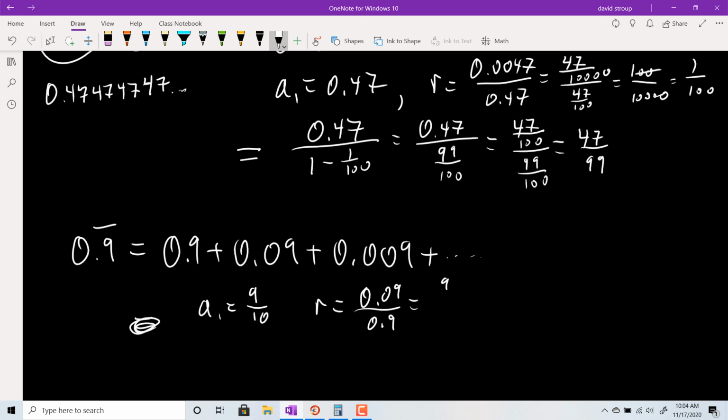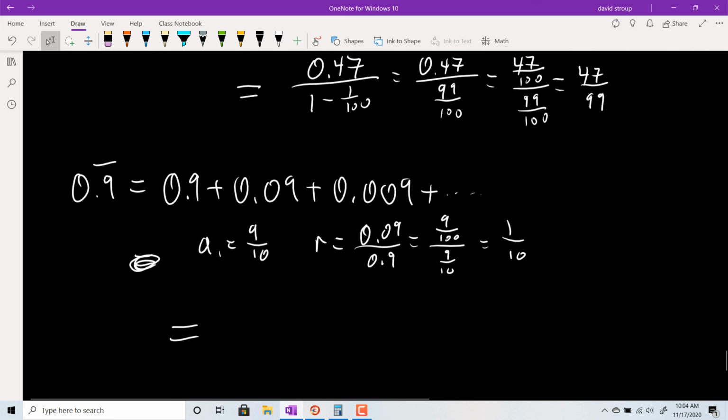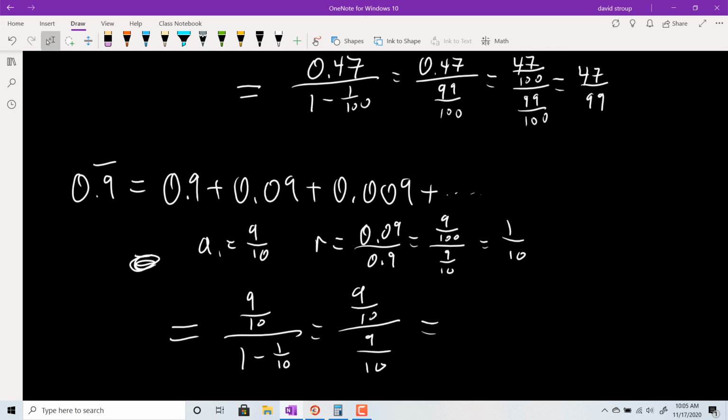Okay, so that's 9/100ths divided by 9/10, which will end up being 1 over 10. So our sum will be 9/10 divided by 1 minus 1/10, which is equal to 9/10 divided by 9/10, and there's the punchline. 0.9 repeating is actually 1. Okay, it's literally so close that we might as well just say it's equal to 1.